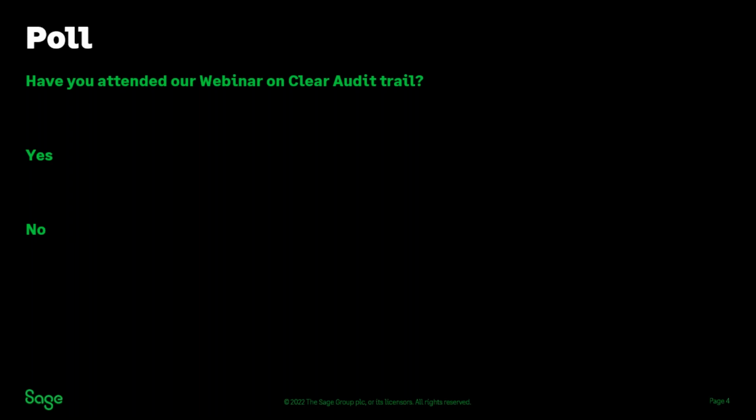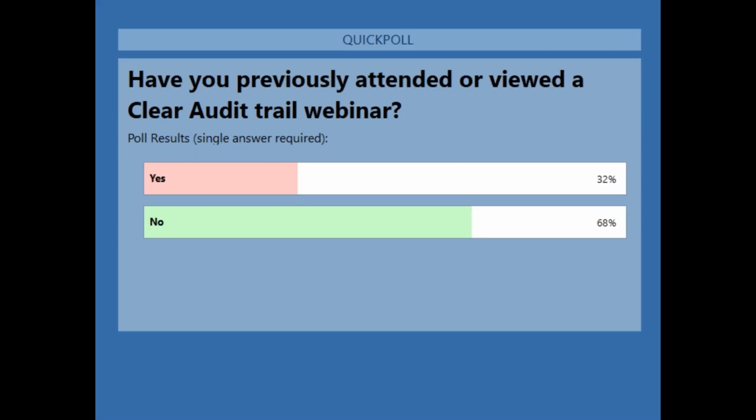But I'm going to try and give you enough today to understand the process of that. So 32% of you have seen previous training and 68% not. There are going to be links to that recording in your follow-up email, so don't feel you've got to find that now. We will send that to you after today's session.